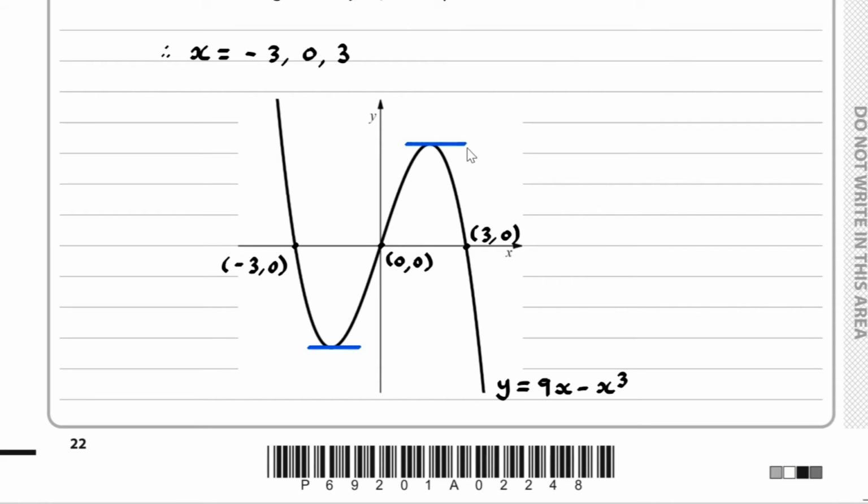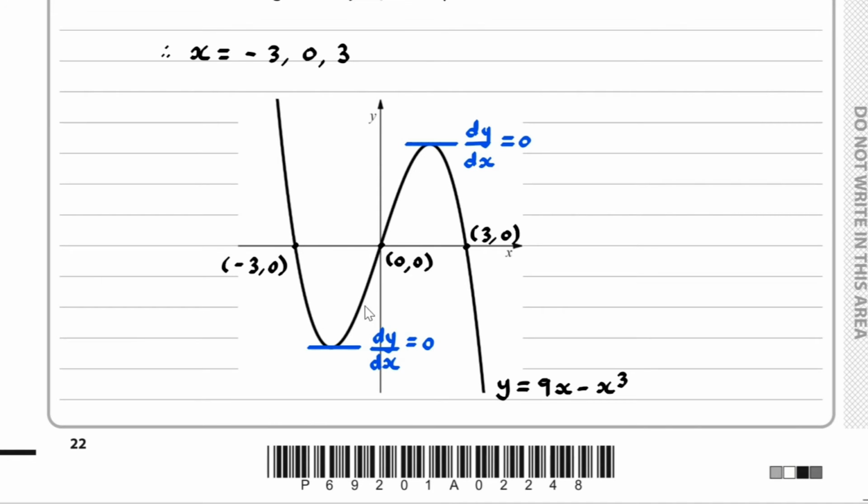And so here and here we have stationary points to the curve. In other words, here we have dy over dx equaling 0, and here we have dy over dx equaling 0.